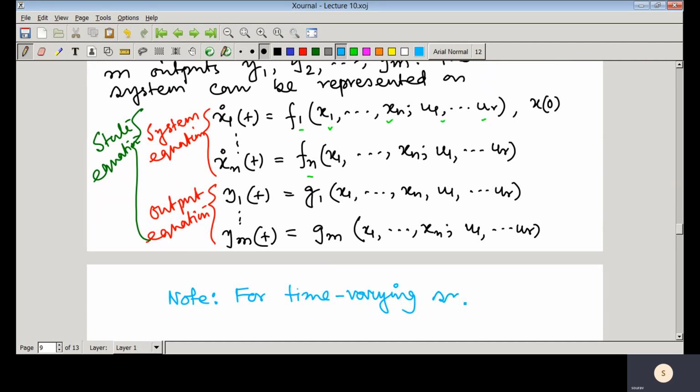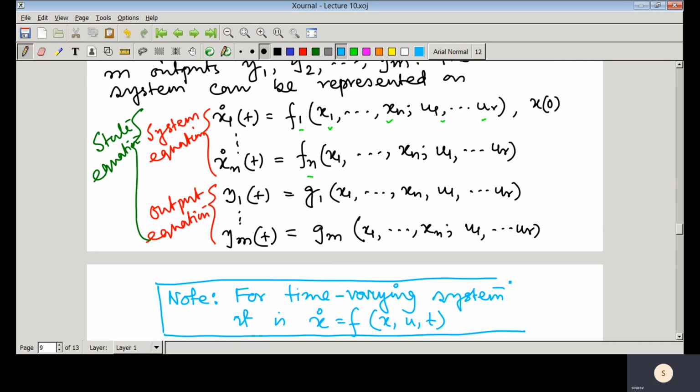For a time varying system, the state equation is x dot equal to a function of x, u and t, and here you can note that the state equation explicitly depends on the time t along with x and u.